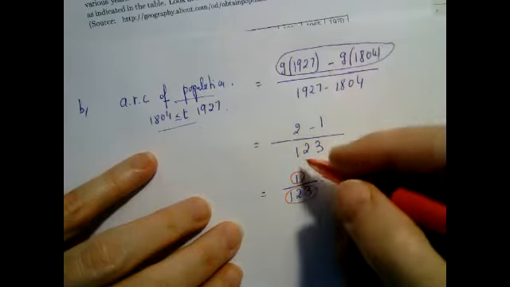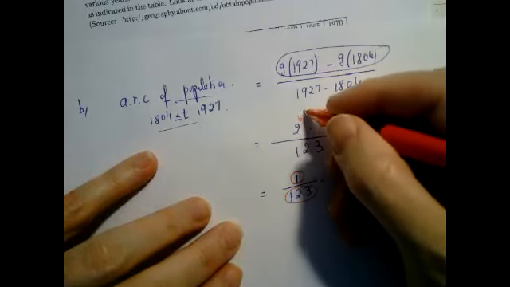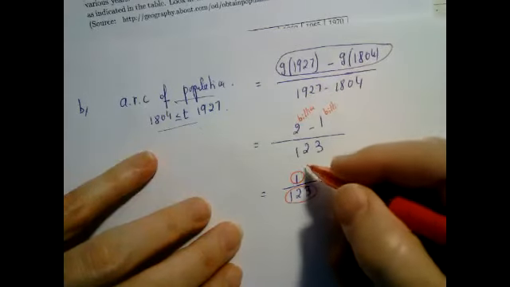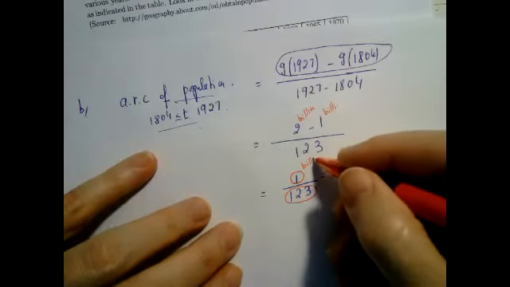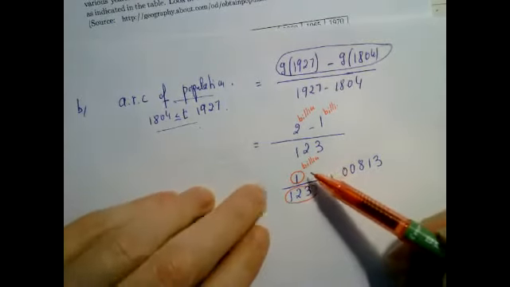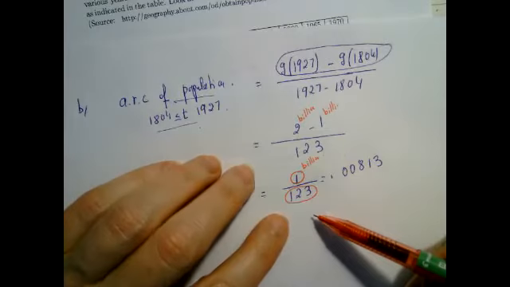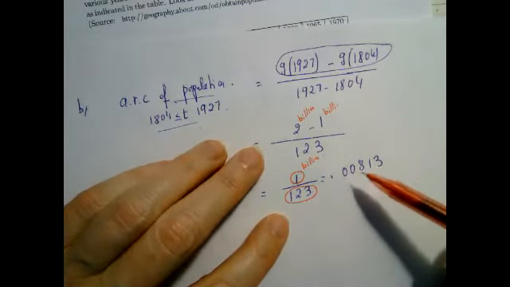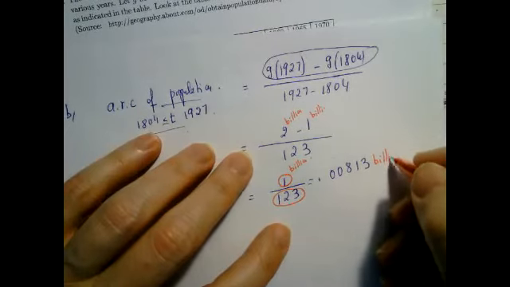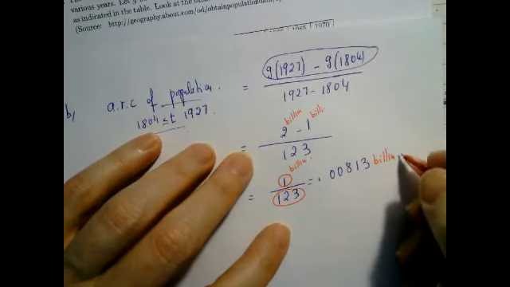A billion. Minus a billion. So that's 1 billion. So the population changed 1 billion in 123 years. It means it's 0.00813 billion people per year.